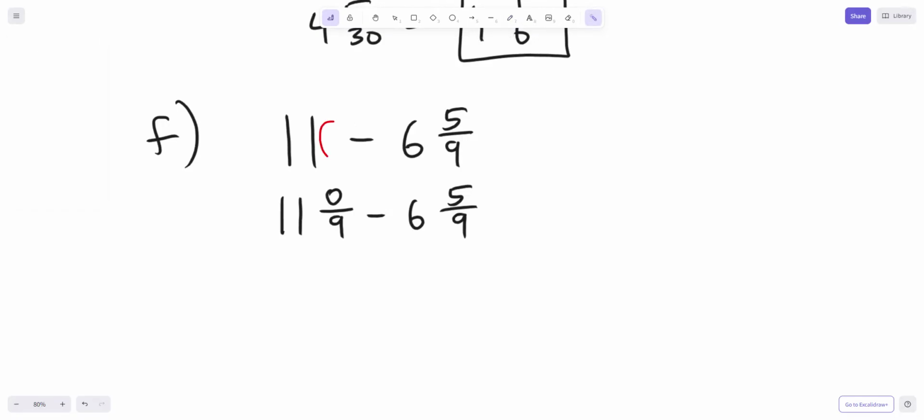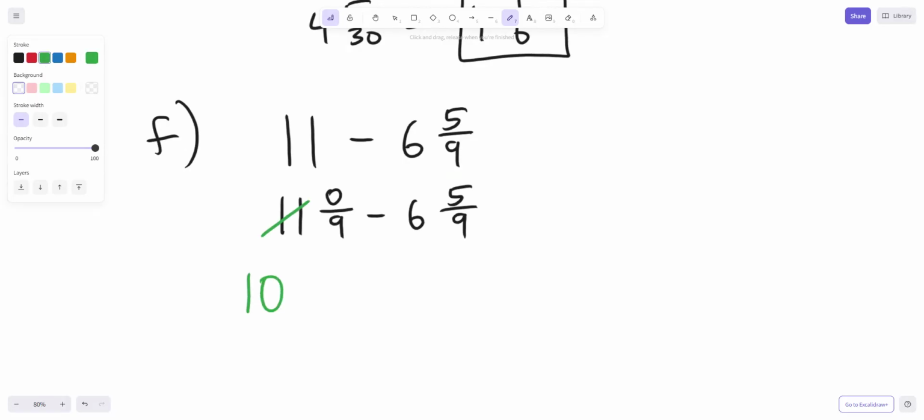Because there's nothing here. So it's basically 0 over whatever denominator we have. Since we have 9 already here, I can put 9 over there. Now I cannot do 0/9 minus 5/9, so I need to borrow, which means this 11, I borrow 1, so that becomes a 10. And then I rewrite the 1 as 9/9.